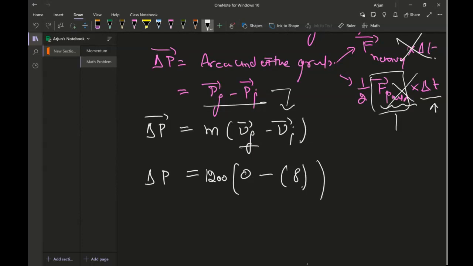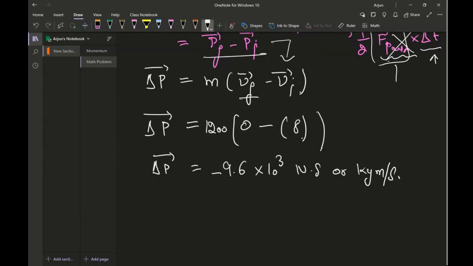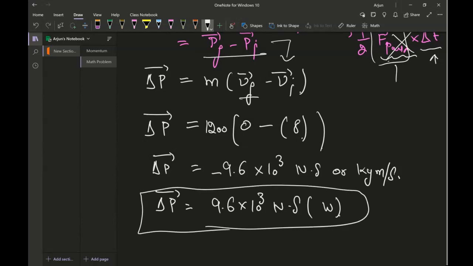If I do the calculation, the change in momentum comes out to be 9.6 times 10 raised to the power 3 Newton second, or kg meters per second. This is a negative number, which means the change in momentum is 9.6 times 10 raised to the power 3 Newton second in the west direction. That is the change in momentum.